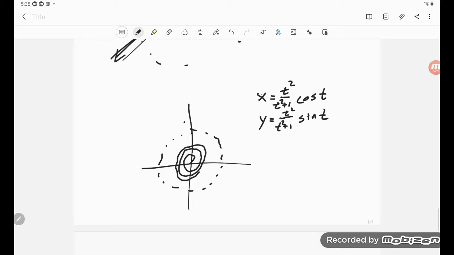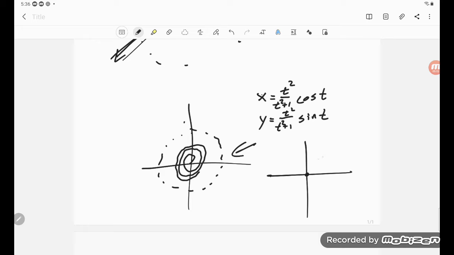So you see, this will be a spiral similar to what we have right here. Suppose t equals 0. At t equals 0, I'm at 0. But then when I get to pi over 4, that's 45 degrees, but the length here is pi over 4 squared divided by pi over 4 squared plus 1.